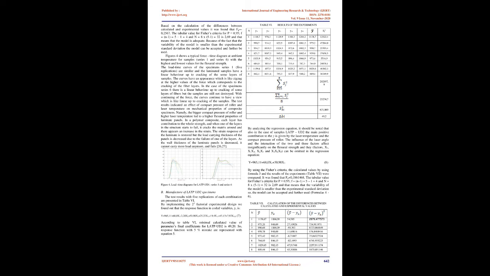The tabular value for Fisher's criteria at 0.95, with N1 equal to 4 and N2 equal to 32, is 2.69, and that means that the model is adequate. Because the variability of the model is smaller than the experimental standard deviation, the model can be accepted and further used.